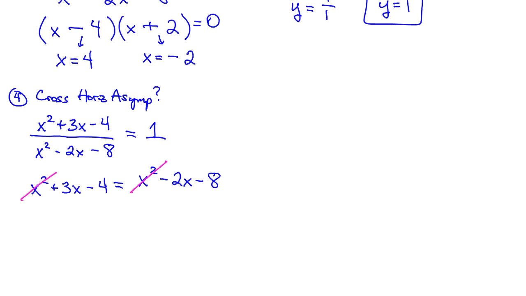Moving the x's to the left side, I get 5x, moving the constants to the right side. Negative 4 plus 4 is minus 4. And we get x is equal to negative 4 over 5.